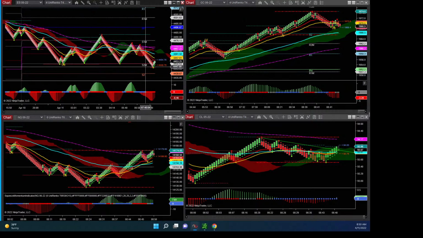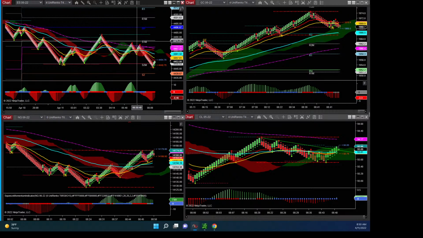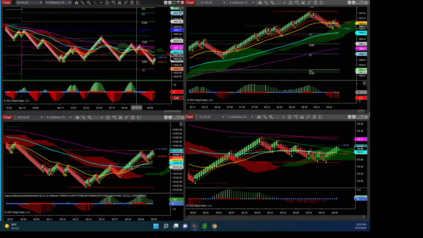S2 right there, and then S2 mid is right there, and S1 mid is right there. So S1 is right there.